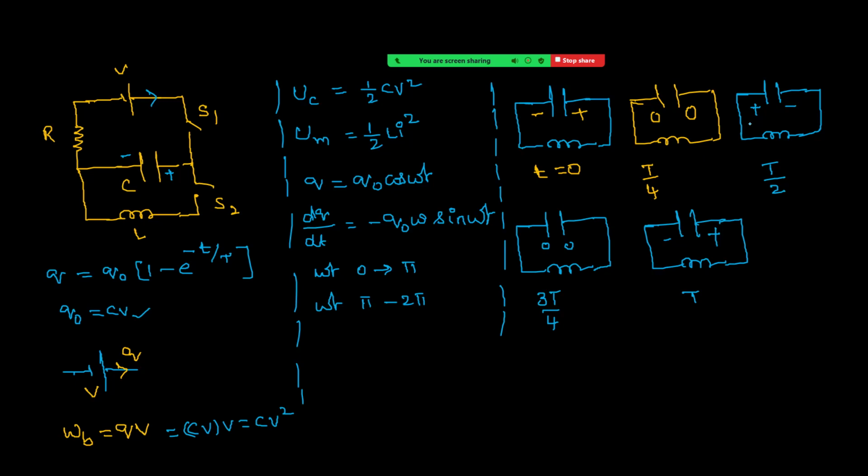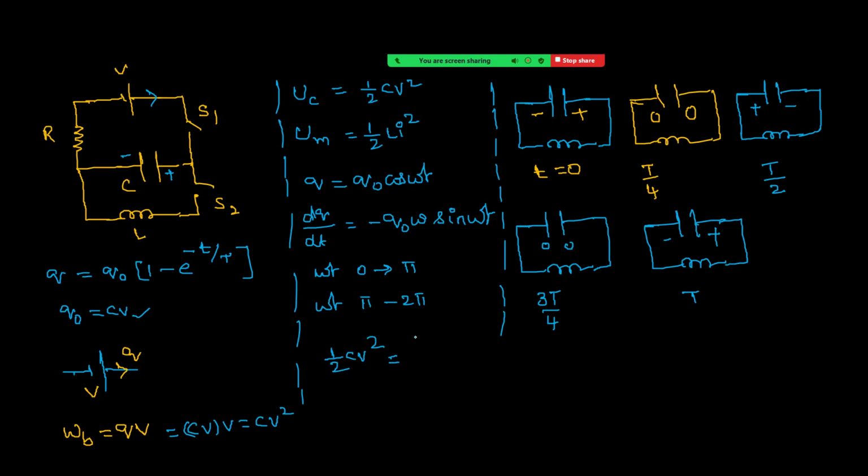Next, coming to option D: at any time t greater than 0, the maximum instantaneous current in the circuit may be. Current is maximum means energy is maximum, and the maximum value is when this is completely given to the inductor. Therefore, I am writing here half CV square, the maximum electric potential energy.